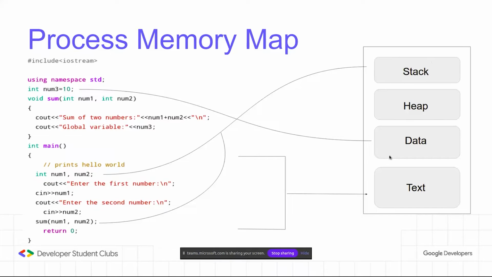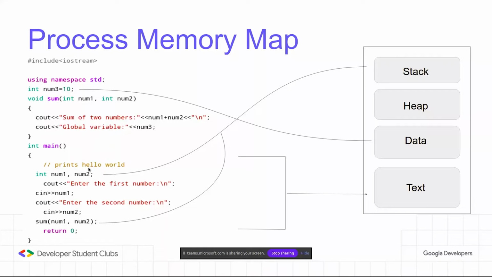Then we have the data section. The data section is usually for global variables or static variables. So what are global and static variables? As you can see, int num3 equals 10. There is a difference between this and the other variables. The first is that we have already assigned a value to it.